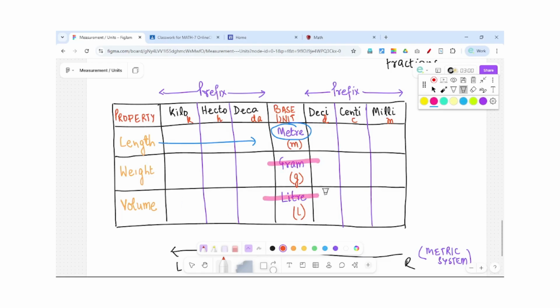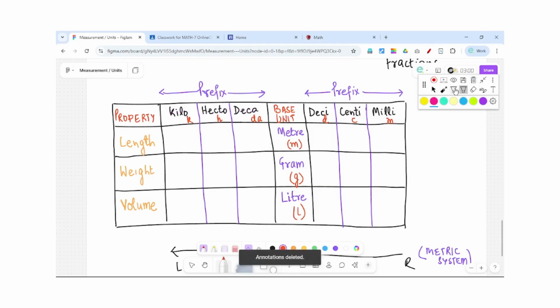For volume, it is liter. These are the three base units for these properties in the metric system. Then we add prefixes. On the right of the base unit, we have three prefixes: milli, centi, deci. On the left side, we have another three prefixes: deca, hecto, kilo.